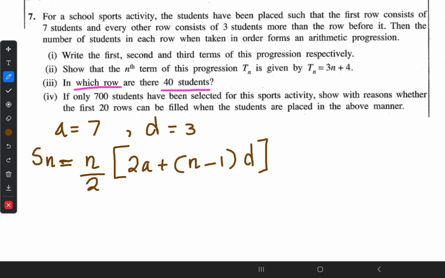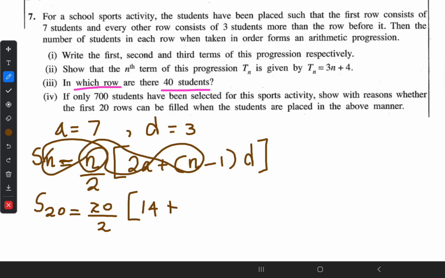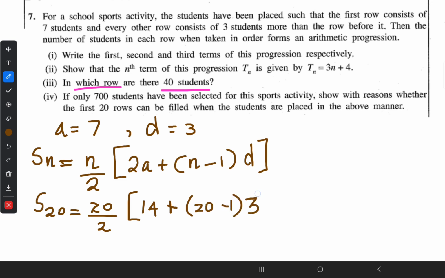Here we have to find for 20 terms, 20 rows, so n should be substituted by 20. 2a, that means 2 times 7, 14, plus n minus 1 into d. n should be substituted as 20 in all 3 occurrences. 20 minus 1 into d, 3.